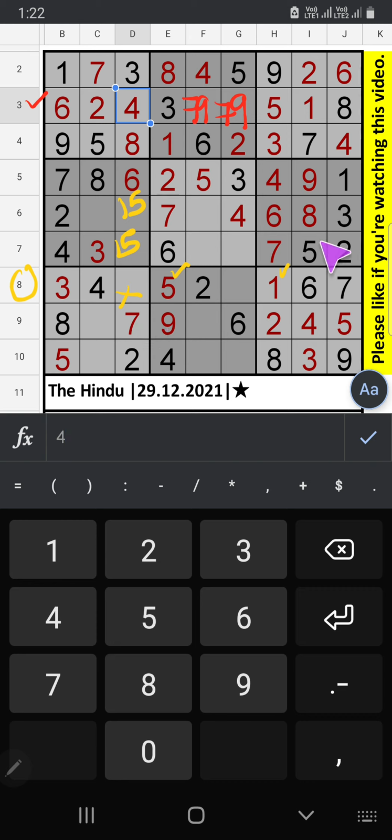We have 5, so it can't come in this cell. 5 will be here, then below will be 1. In column D, only one number is remaining, 9. 9 will be here. In this grid, one number is remaining, 9 will be here.